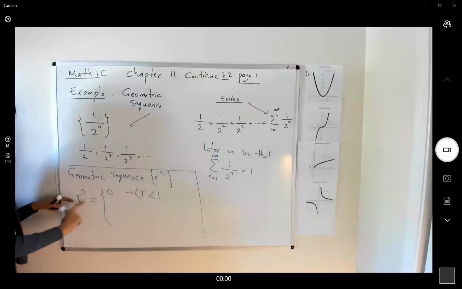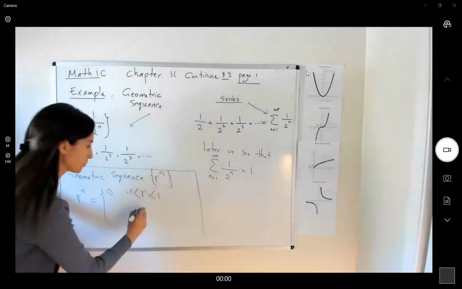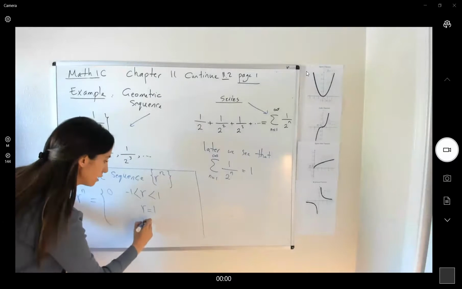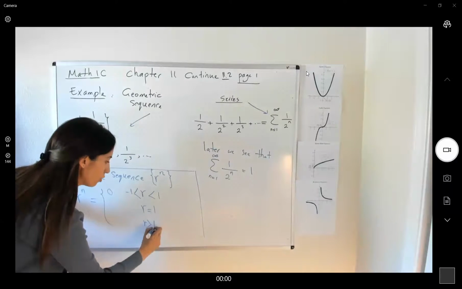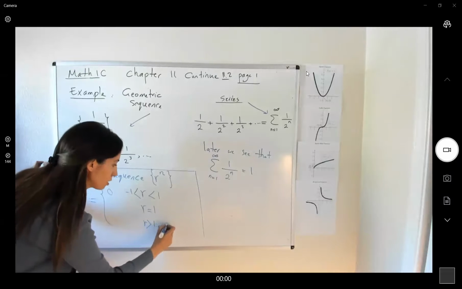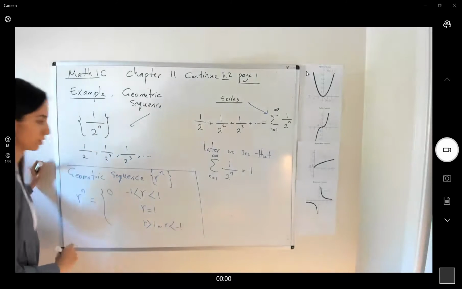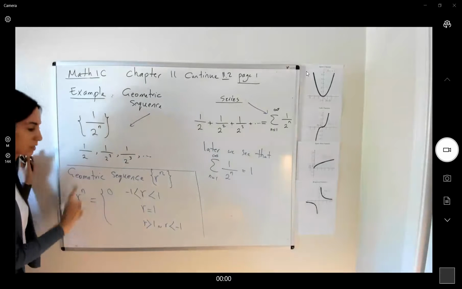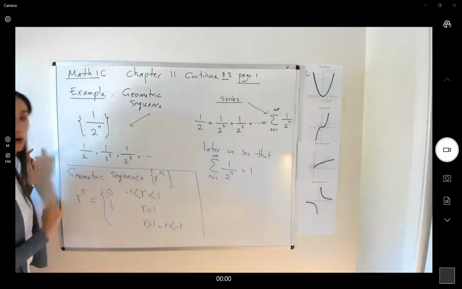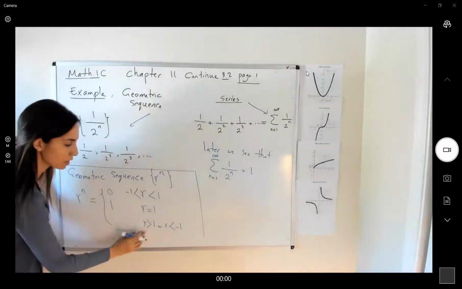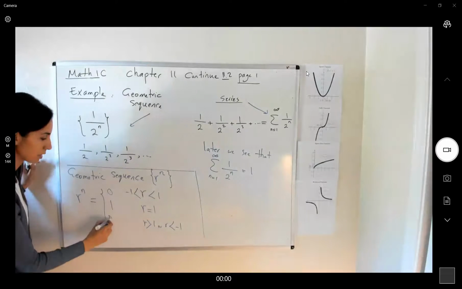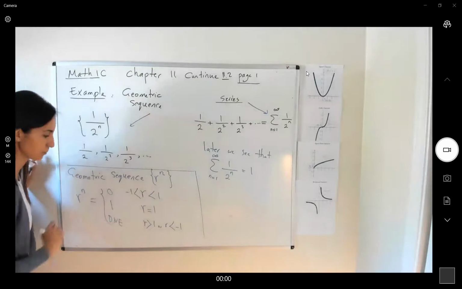Your sequence is going to be convergent. If r is equal to 1, the sequence is convergent to 1. If r is greater than 1 or r is less than -1, the limit doesn't exist. It's infinite.